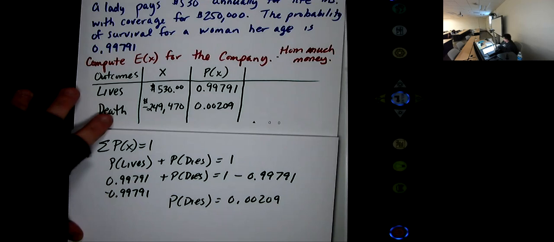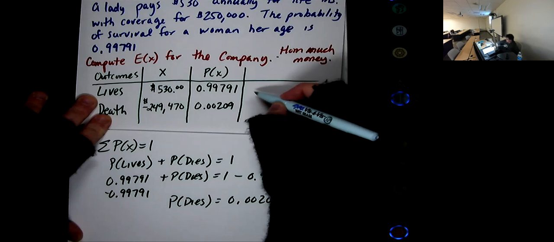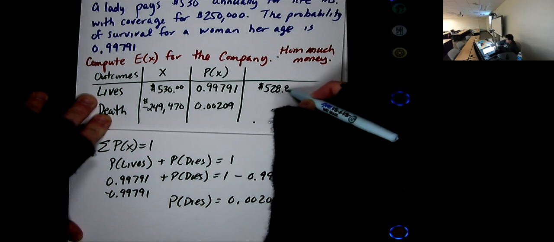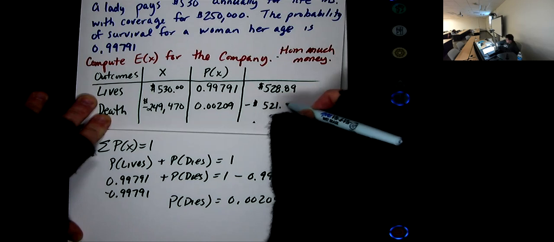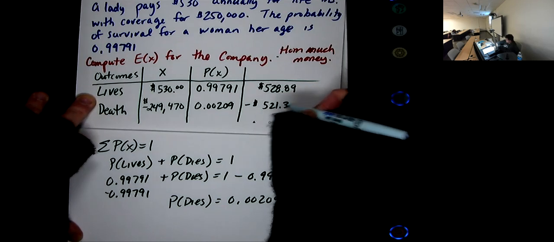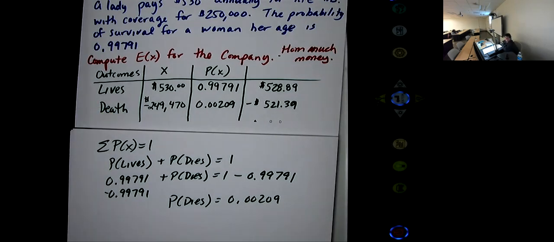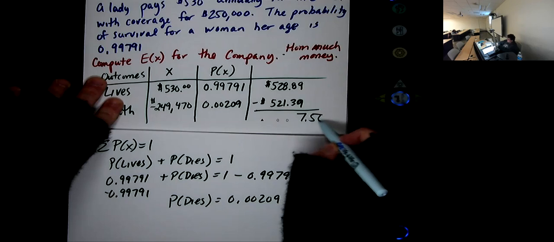So now I just have to multiply. If I multiply 530 times that, I get plus $528.89. And if I multiply these, I get negative $521.39. And if I add these up, that's $7.50.